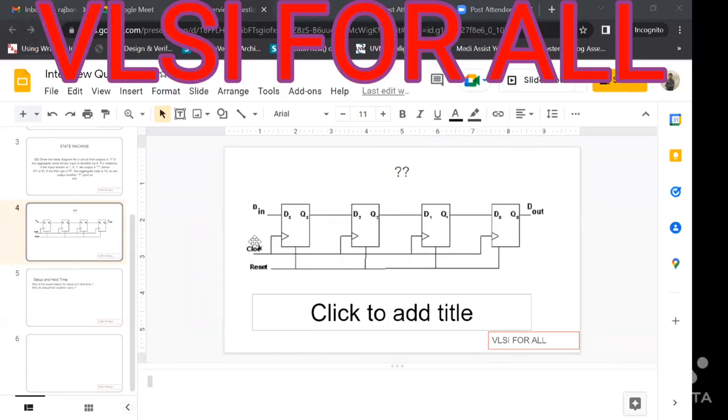Or sir, make the output asynchronous, like Q3 will be given as a clock to D2. But then that will not be a shift register, right? Yes, sir, that will not be a shift register. We want a shift register here. That will be a different functionality then. So you have to retain the functionality also.